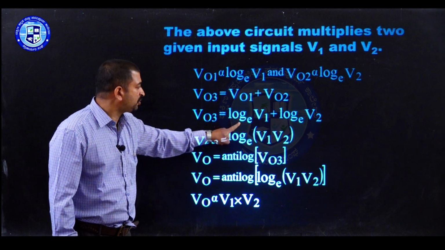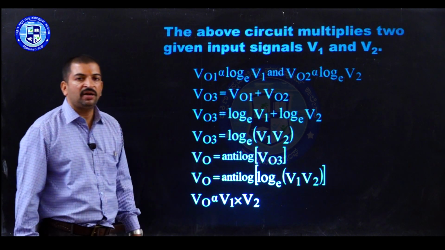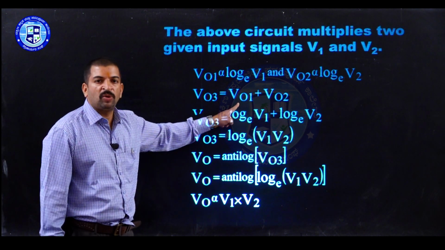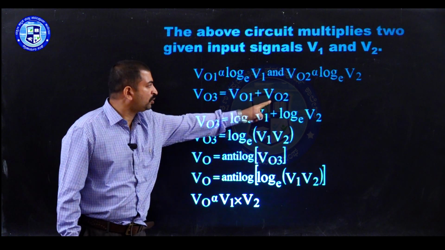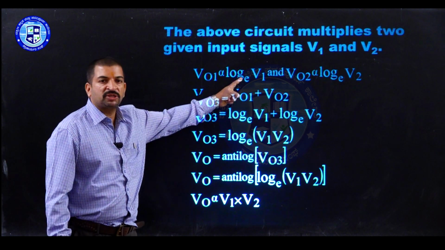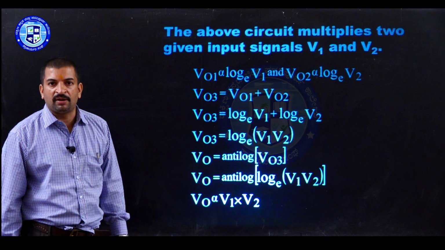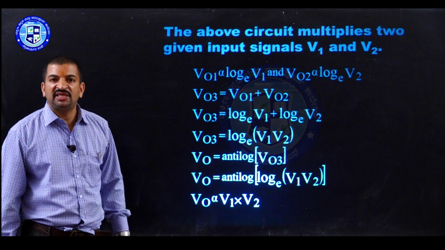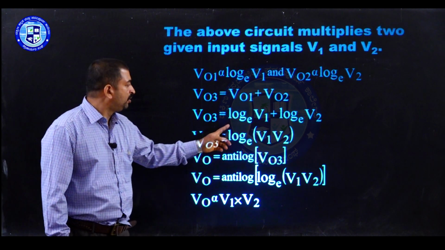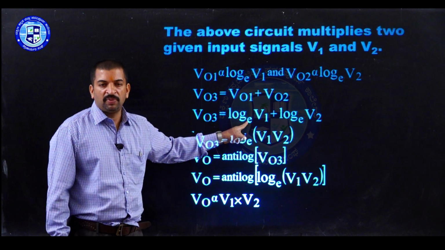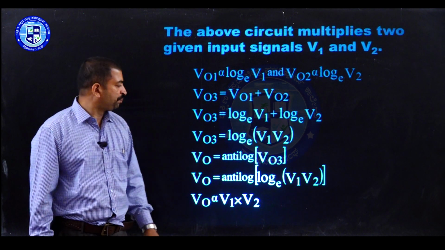VO1 is the output voltage of the first circuit, VO2 is the output voltage of the second circuit. You know, VO1 is proportional to log to the base e V1 and VO2 is proportional to log to the base e V2. Therefore, we can write VO3 is equal to log to the base e V1 plus log to the base e V2.